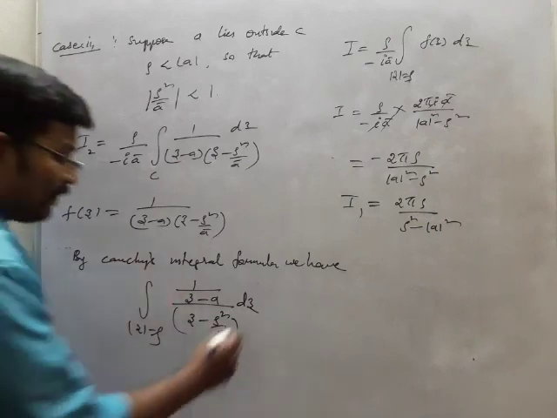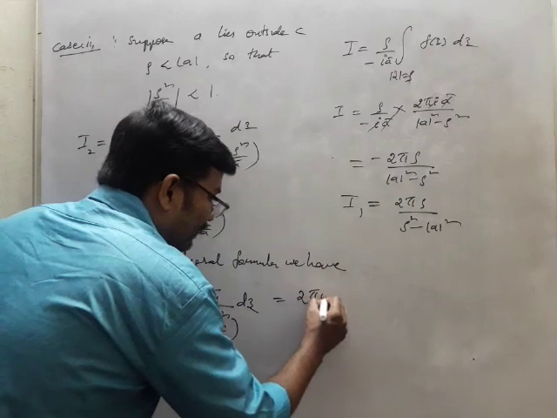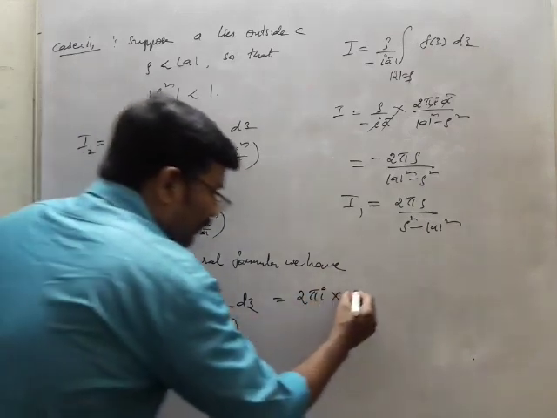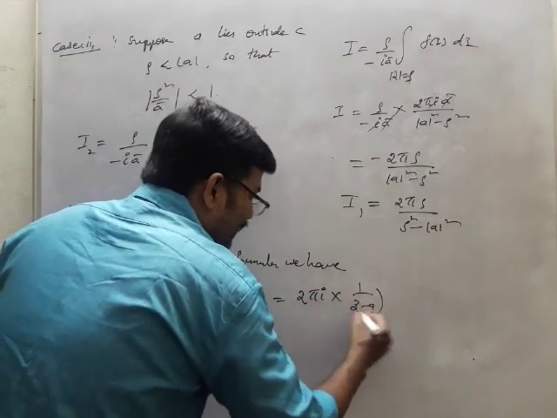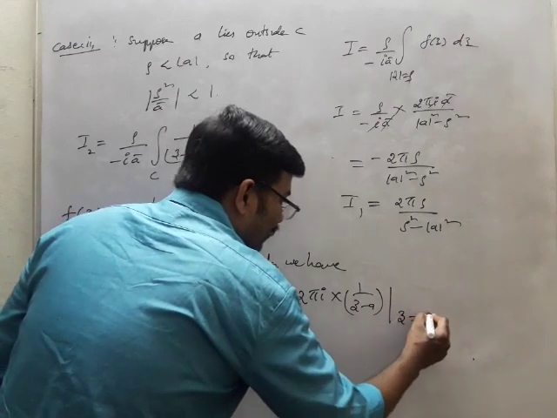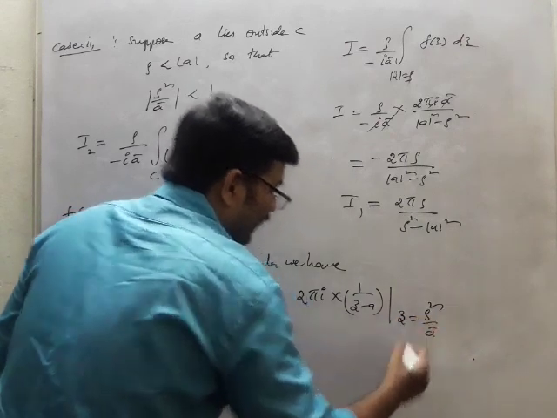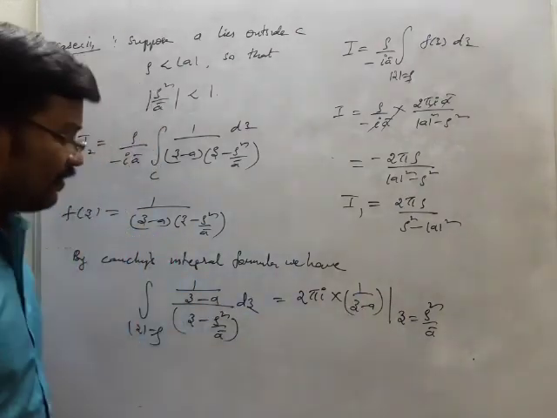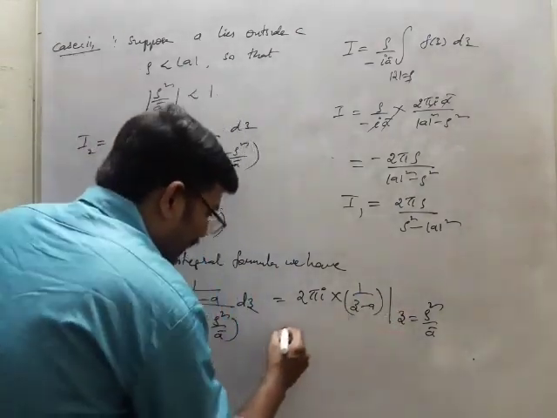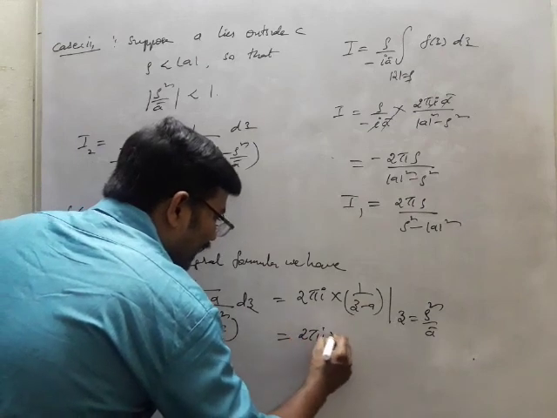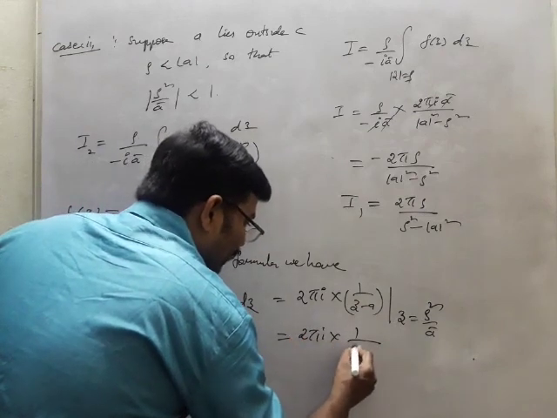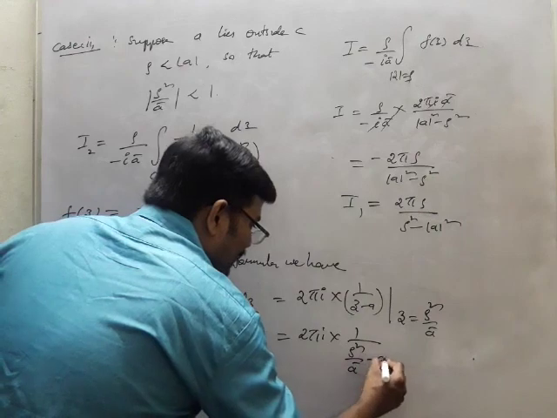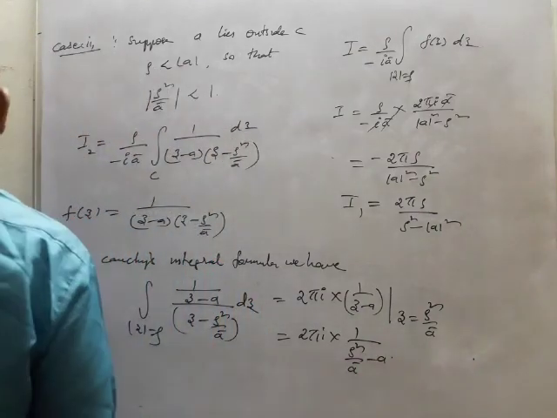This is the denominator. Therefore the value is 2 pi I into 1 by z minus a at z is equal to rho square by a bar. So putting z is equal to rho square by a bar here, 2 pi I into 1 by rho square by a bar minus a.